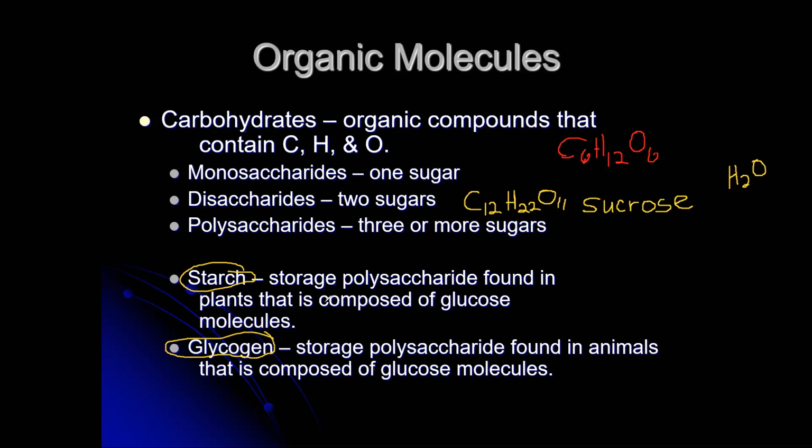They are both made up of glucose. The glucose molecules are just bonded to each other in a different pattern, and that makes the larger macromolecules, the starch and the glycogen, have different properties.